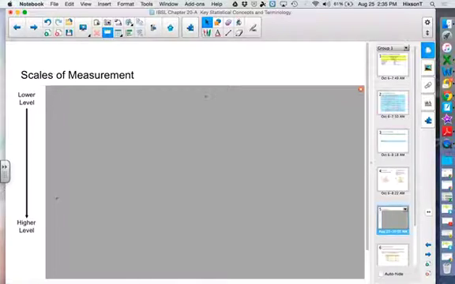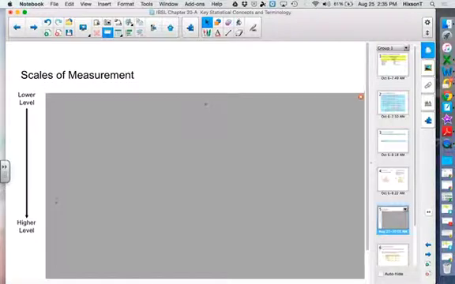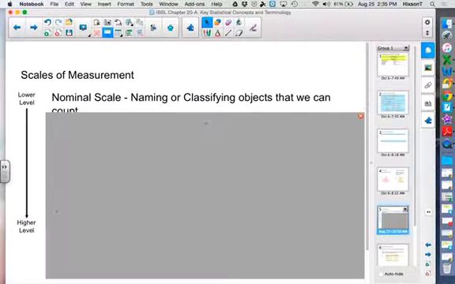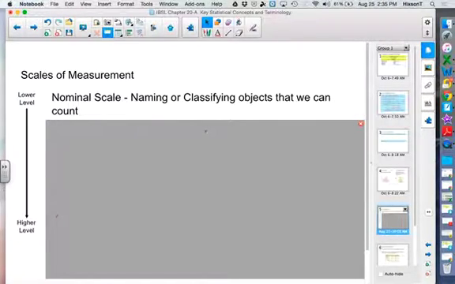Okay? We're going to look at these starting with the most general type, or most general scale, and moving to the most specific, or higher level, we could say. First of all, the nominal scale. Here we're naming or classifying objects that we can count.